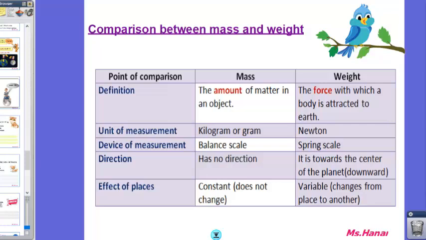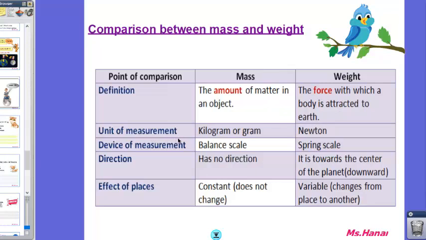Now, the last thing in this lesson. Comparison between mass and weight. Mass is the amount of matter in an object, while weight is the force which attracts the body to Earth.